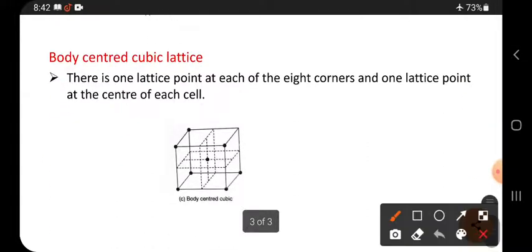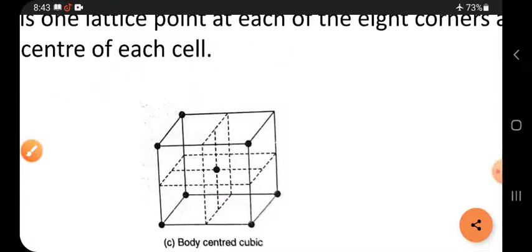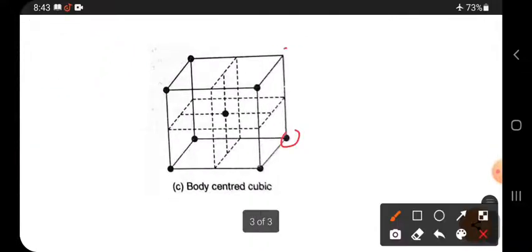And next, the body centered cubic lattice. What is it? There is one lattice point at each of the 8 corners and one lattice point at the center of the cell. So 8 corners contain 8 lattice points: 1, 2, 3, 4, 5, 6, 7, 8.